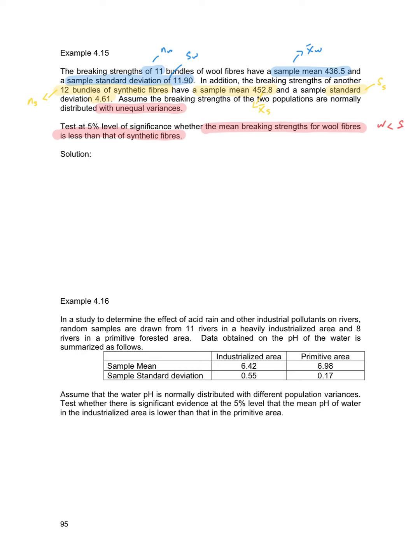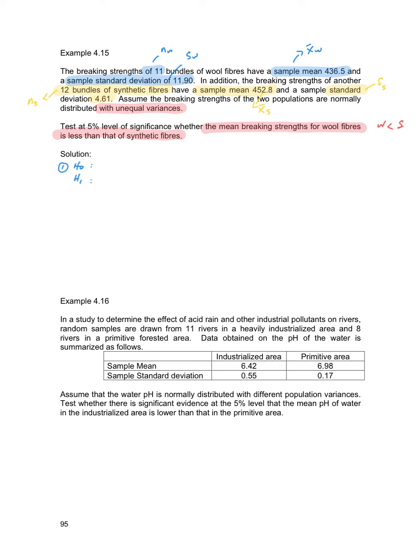So let's solve this example. The first step is to construct the H0 and H1. The null hypothesis: we want to test whether the mean breaking strength for wool fiber is less than synthetic fiber.